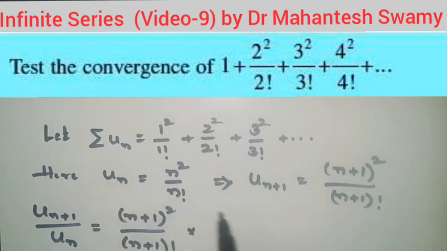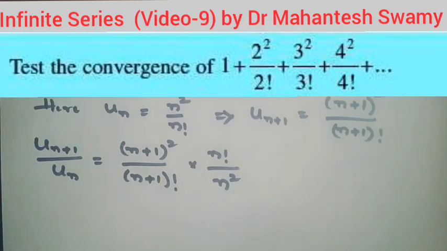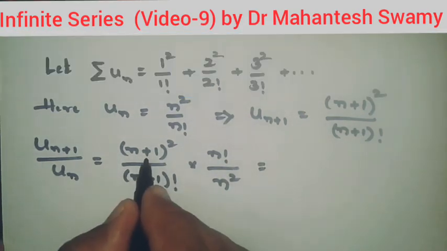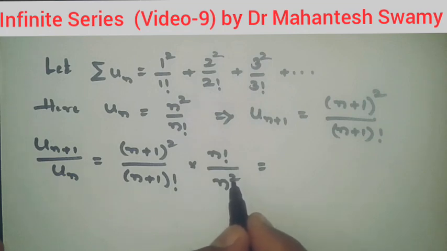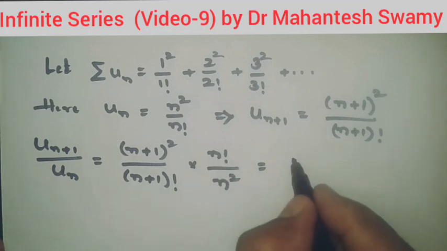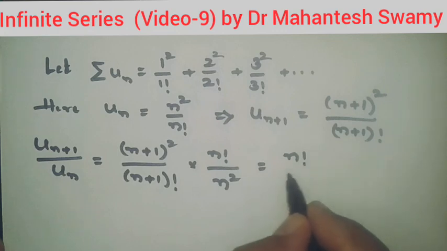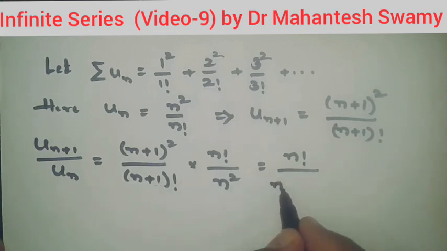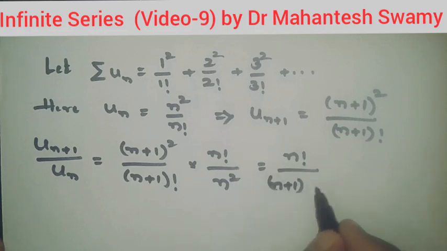So the reciprocal of u_n is n factorial divided by n square. Now our duty is to simplify the RHS. So first these factorial terms can be taken together. So n factorial divided by (n plus 1) factorial can be written as (n plus 1) into n factorial. This is one of the known results.